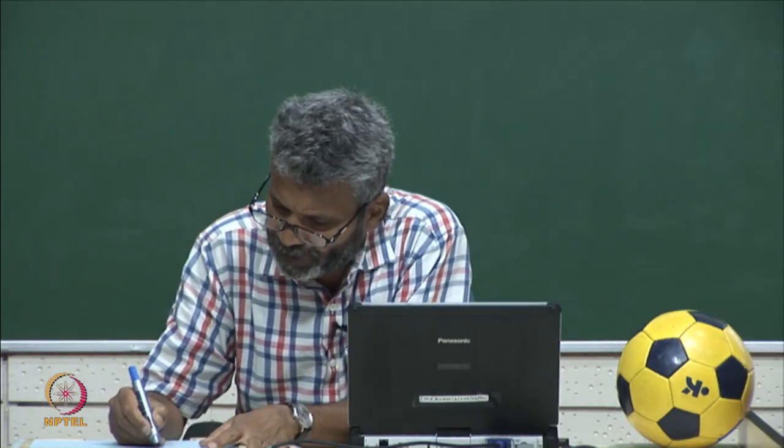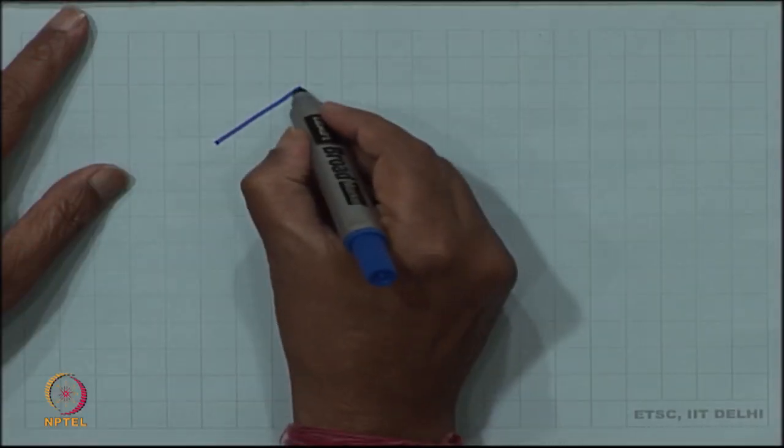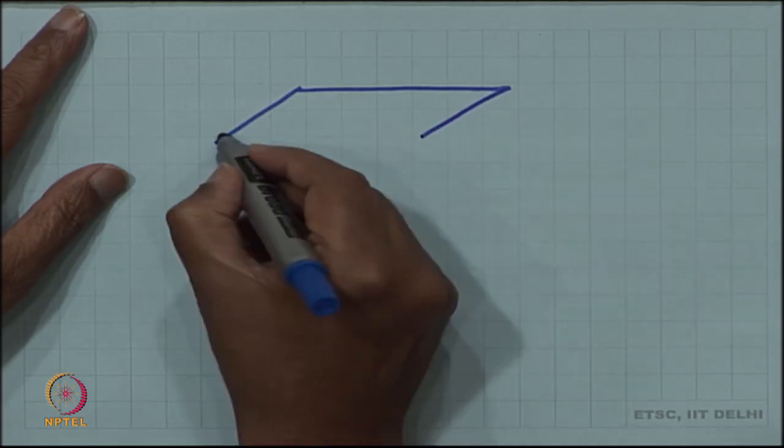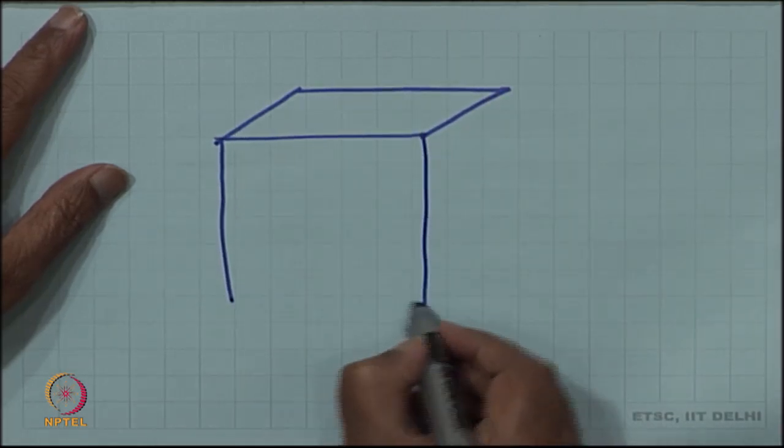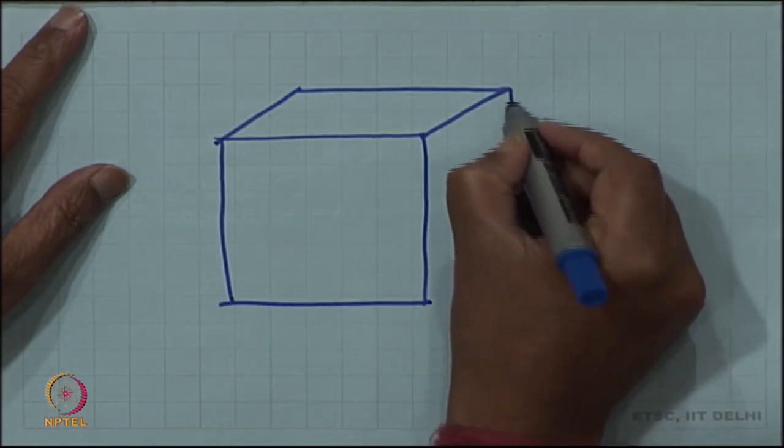So, if I can now draw an FCC unit cell. You are familiar with the FCC unit cell.